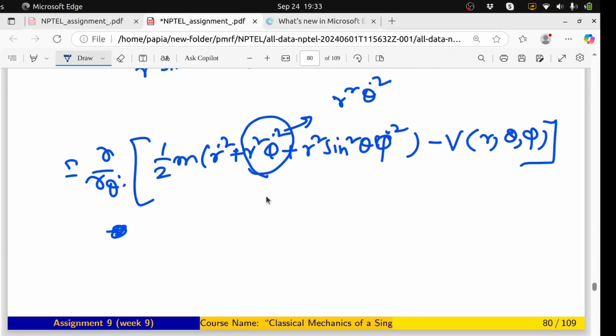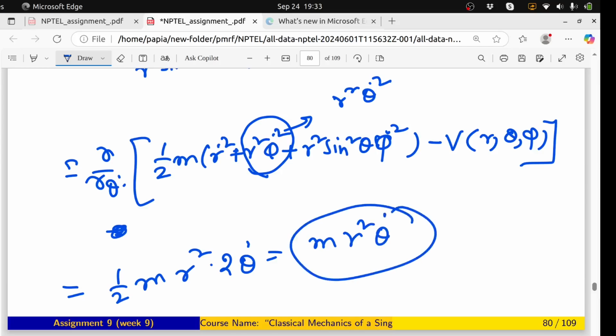So as this is a derivative with respect to theta dot, we can write half m r squared times 2 theta dot. So it is m r squared theta dot. So this is p theta.